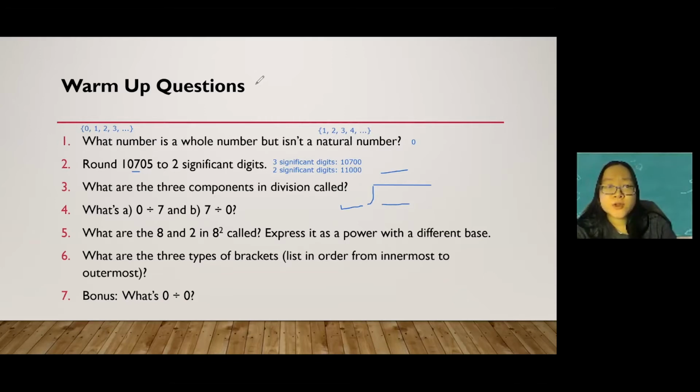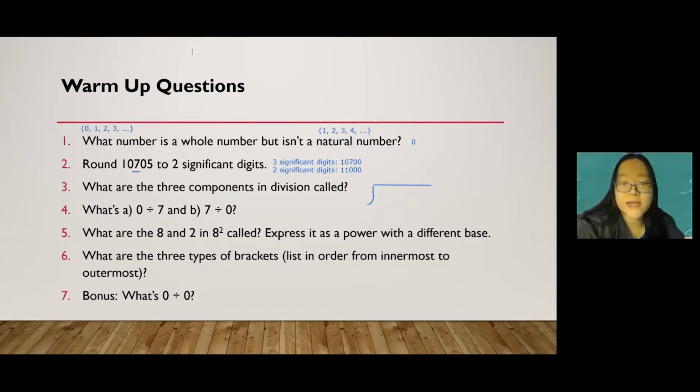Does anybody know what they're called? Okay, so Sydney answered it, thank you. Dividend, divisor, and quotient. That's correct, okay? So these are the 3 components in division, as in, what am I dividing by? What am I dividing? What's dividing it? And what is the answer, right?